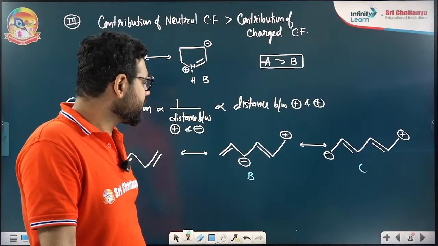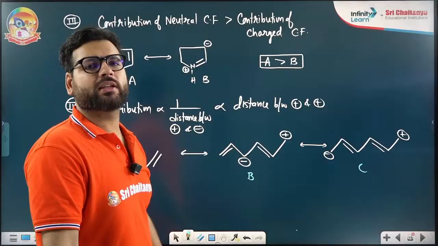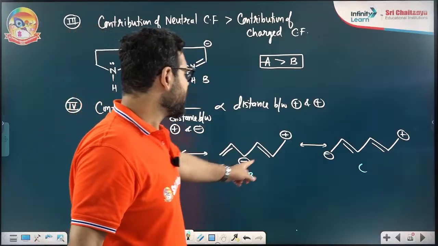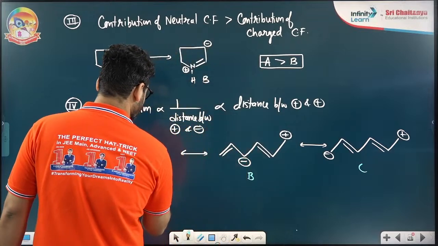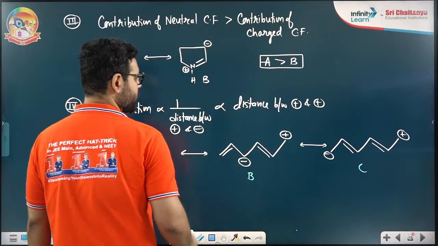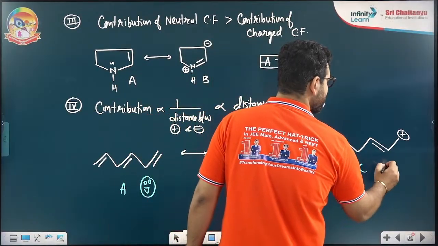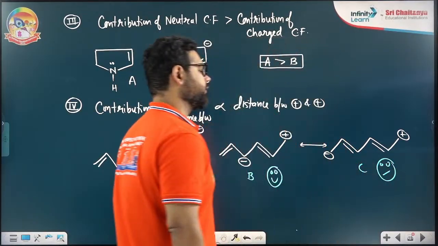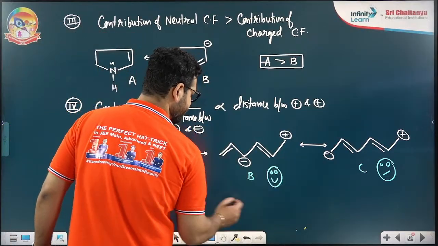Octets are same. Bonds are same. Then what do we check? Charge. Both are charged. Next thing, we check the distance of the charge. Charges are opposite. Near are better. So this is better than this one. So A is the best. More bonds. Then B is good. C is the worst because plus minus have gone very much far away from each other. So A, B, C is the order. Like this you can say.